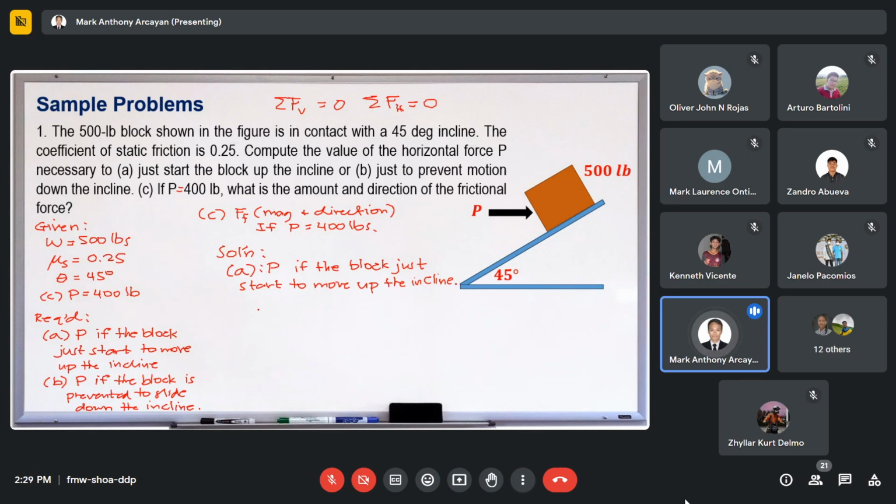So what is the impending motion here, no? Impending motion.